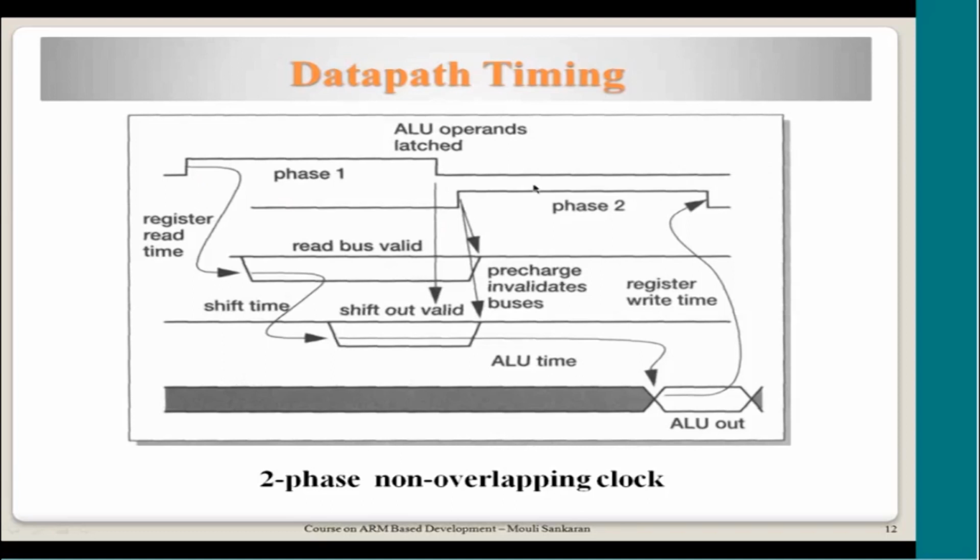Why is it required? First of all, the entire circuitry in the data path of ARM doesn't operate on edge trigger. So these are all level triggered and implemented using transparent logic or a D flip-flop, which you might have heard about in digital design courses.